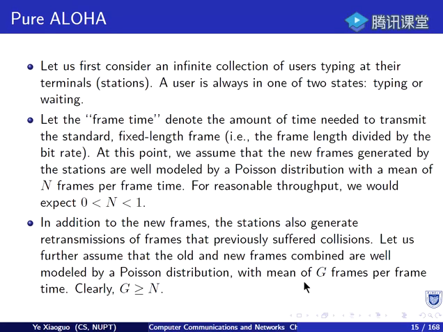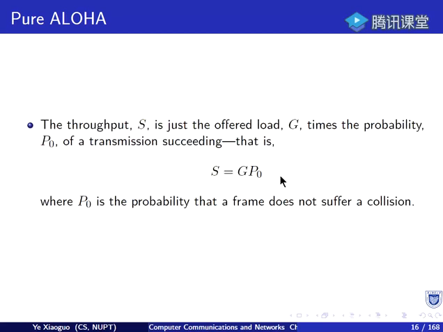G is the mean of G frames per frame time. G frames are transmitted per frame time. So if the success probability is P0, then throughput is G times P0.